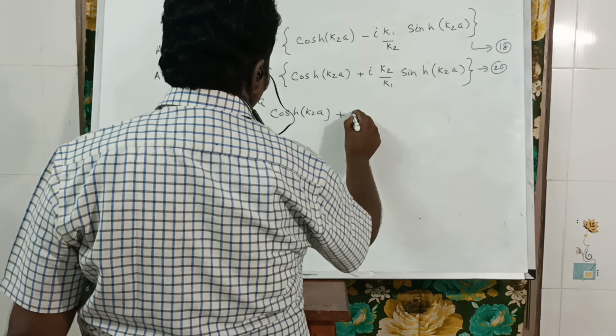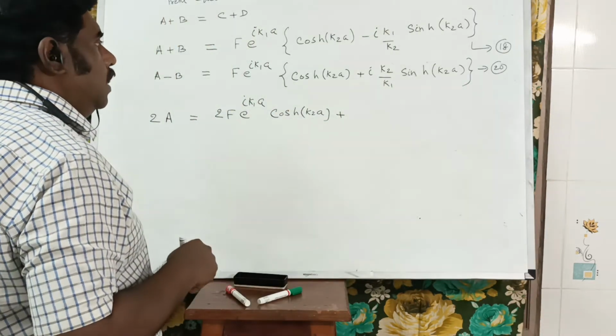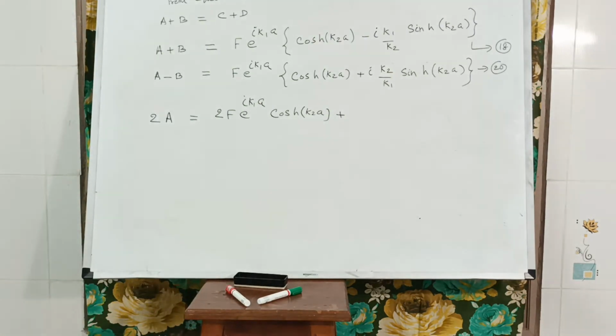Plus, see here, you have to take i outside. If you take i outside, you get K2 by K1 minus K1 by K2 into sinh K2 of a.